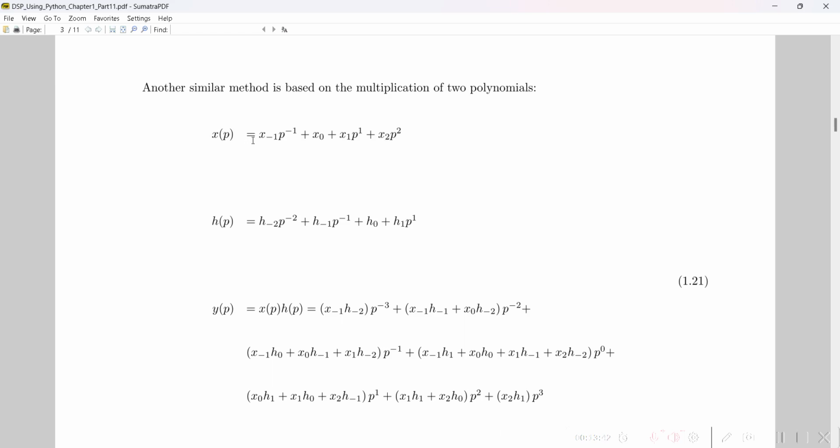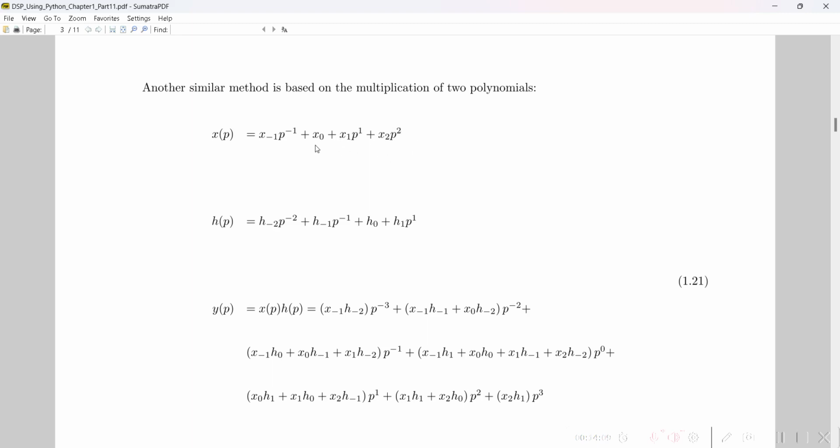X of p is equal to x minus 1 times p minus 1, plus x0 times p to the power of 0, which will be 1 and we haven't written it, plus x1 times p to the power of 1, plus x2 times p to the power of 2.